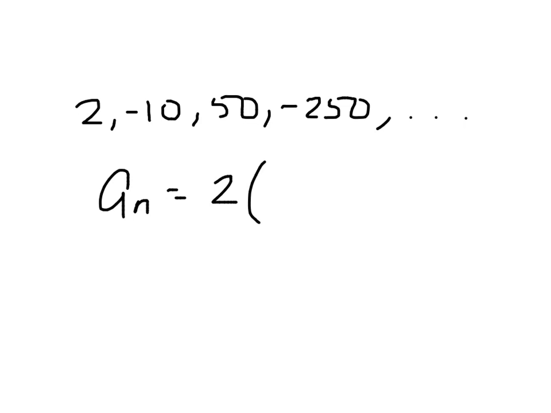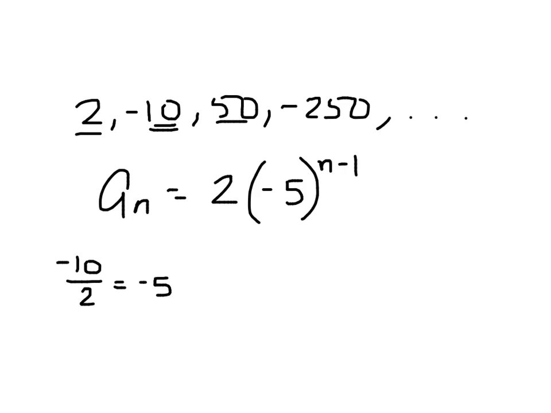If I take the second term, which is negative 10, divided by 2, I end up with negative 5. So that is my ratio. All I did was take this term divided by this one. If I would have taken 50 divided by negative 10, I would have gotten the same number also. So just so that you are aware of it, that's how I'm going to do those.